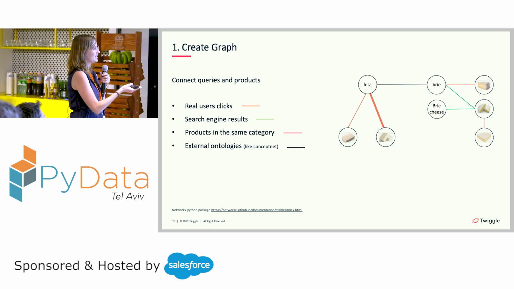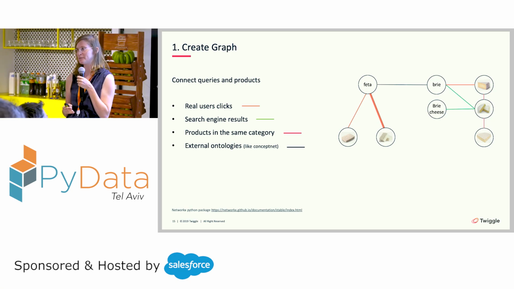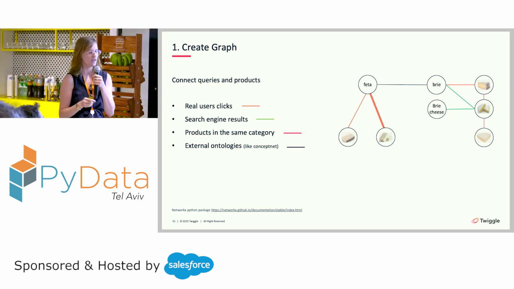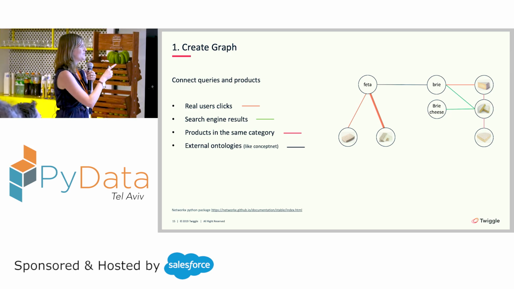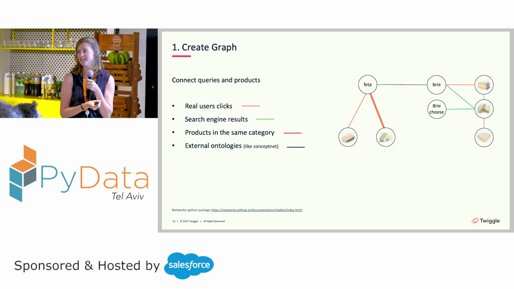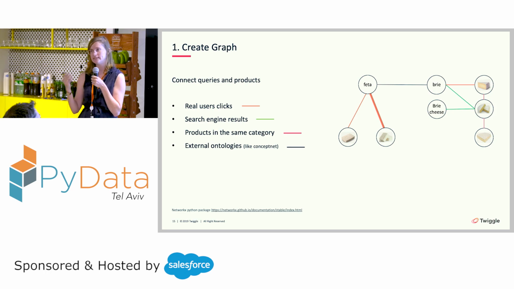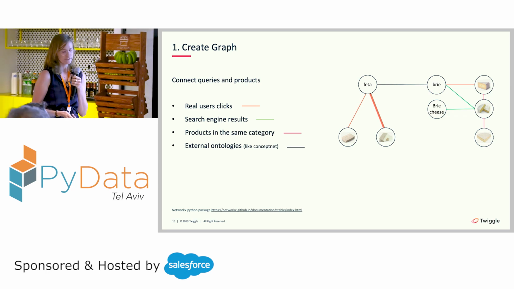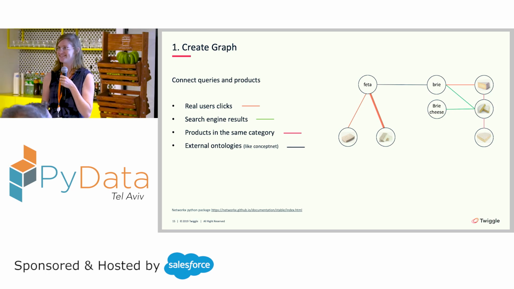In users' clicks, sometimes people click not on the product they searched for. Please don't do that. And also, products in the same category can be confusing because we can have categories like sale or Christmas that will contain many types of products. Yeah, but it's good. This is where it gets interesting.